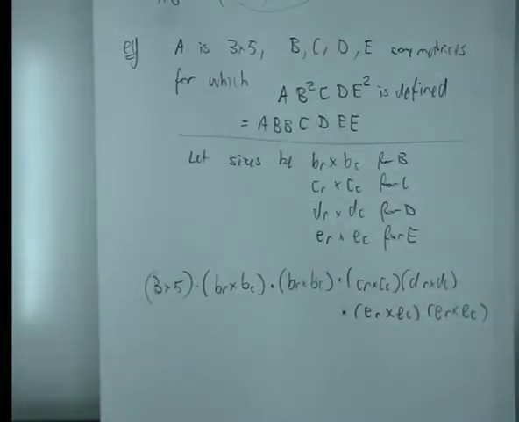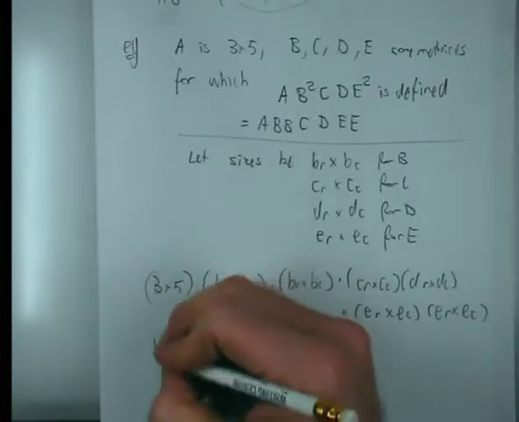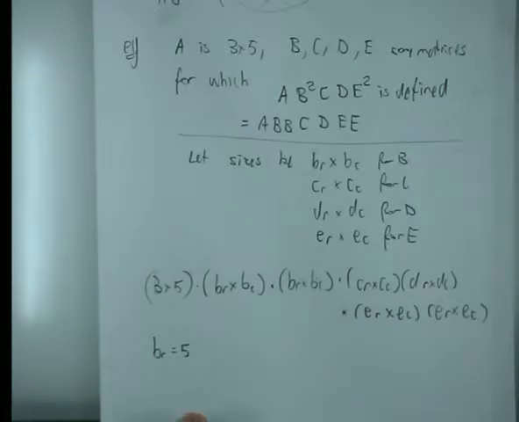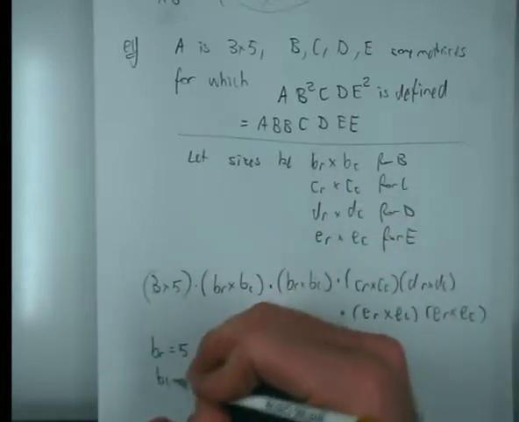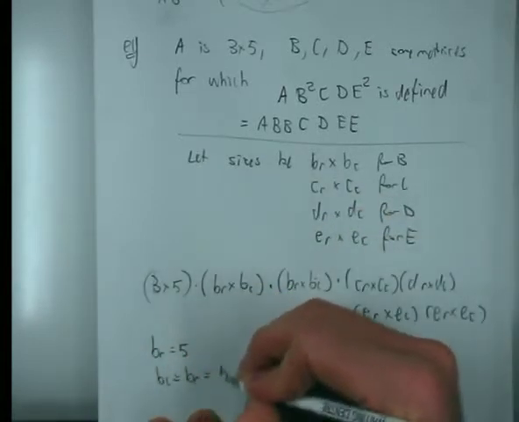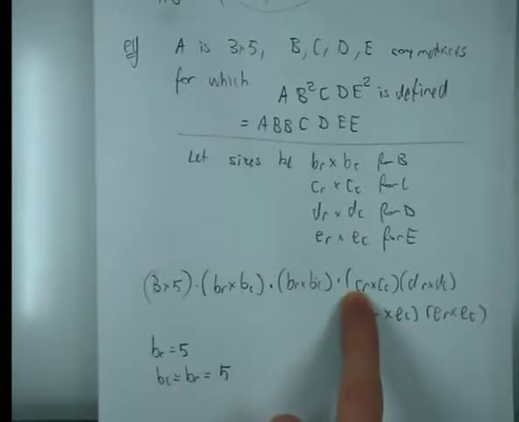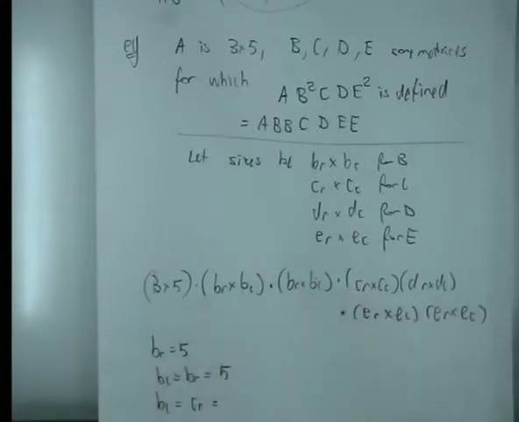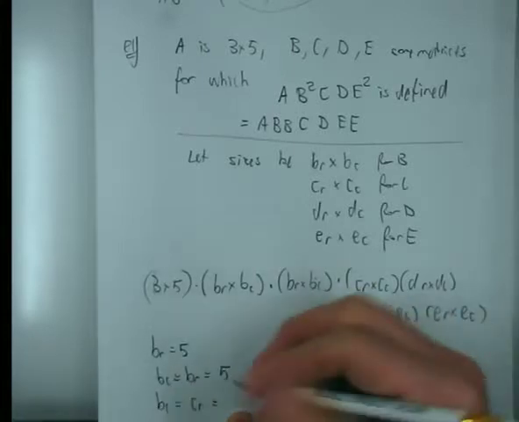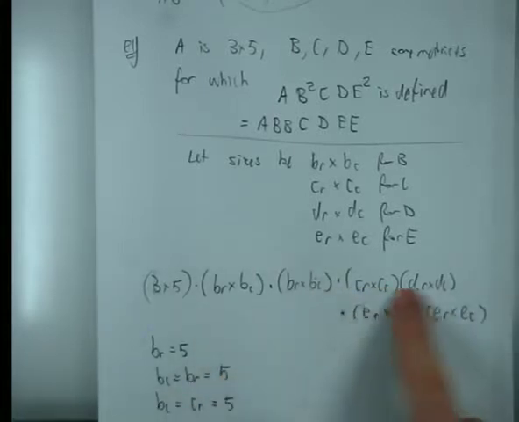Okay, and they all have to be defined. So because of this bit, BR has to be 5. Because of this bit, BC has to be BR, because they have to match. But BR was 5. Because of this bit, BC has to be CR. But BC was 5. Because of this bit, now we don't know what CC is.